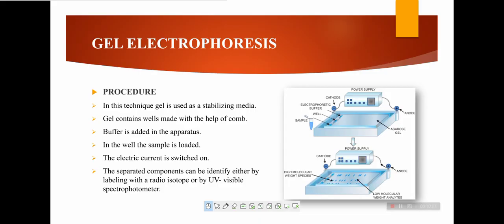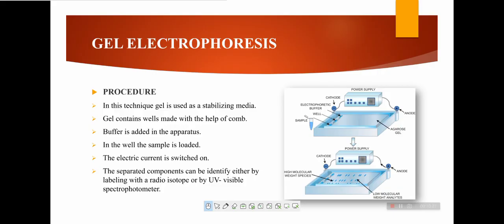Gel electrophoresis involves an electric field. Let's understand this deeply. In particular, this field is applied such that one end of the gel has a positive charge and the other end of the gel has a negative charge. Because DNA and RNA are negatively charged molecules, they will be pulled towards the positively charged end of the gel.